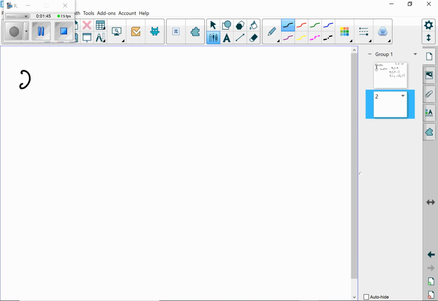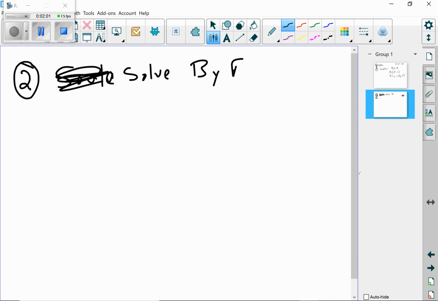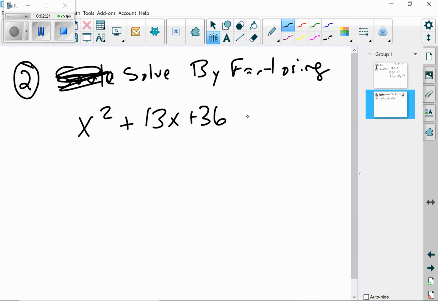Part 2, you're going to have to be able to solve by factoring. So let's say we've got x squared plus 13x plus 36 equals 0.